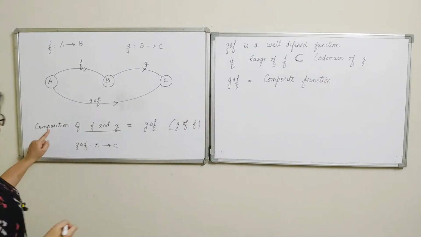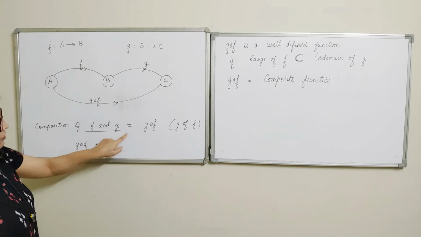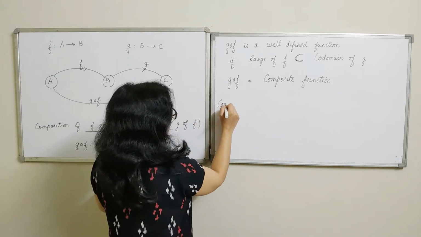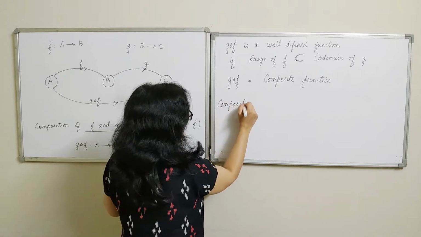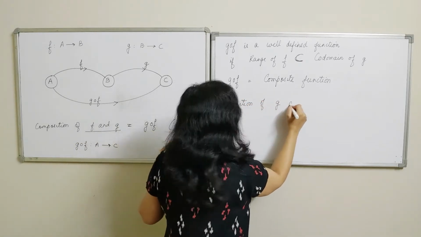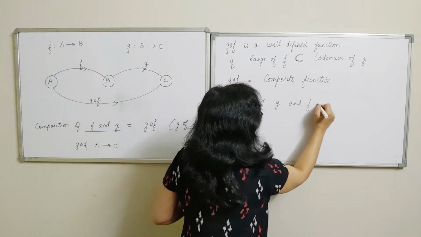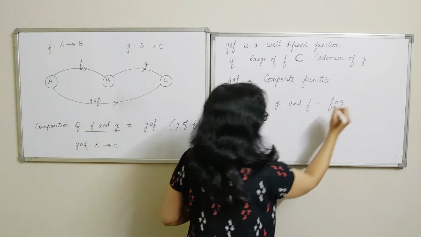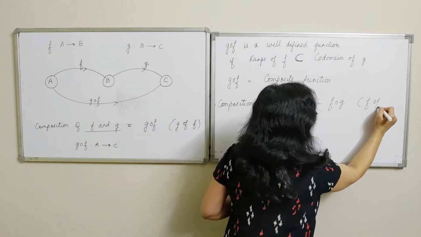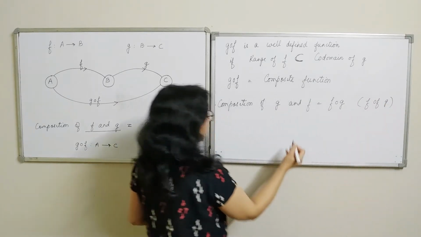Here we are defining composition of f and g, which is defined as gof. Similarly, we can define here composition of g and f, and this is expressed as this. You read it as fog or f of g.